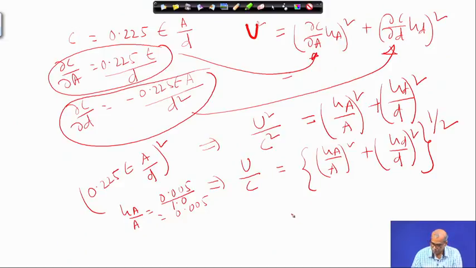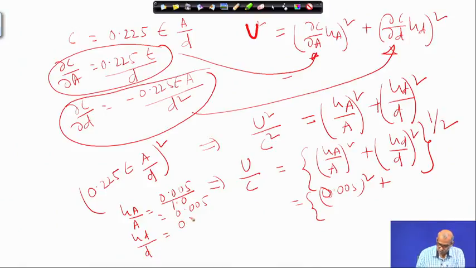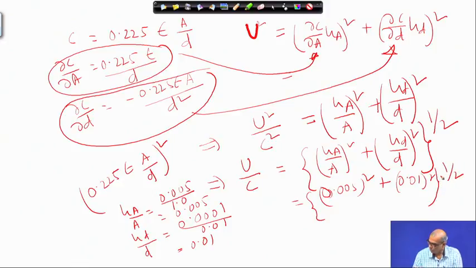So, this becomes 0.005 squared plus u d by d, which is 0.0001 divided by 0.01, so this becomes 0.01, 0.01 squared, whole to the power half.